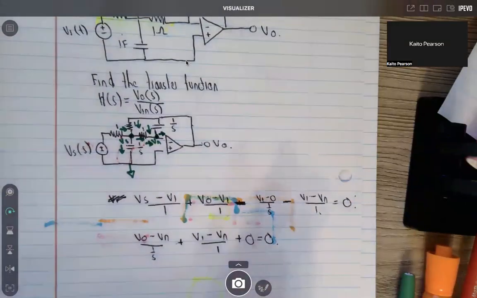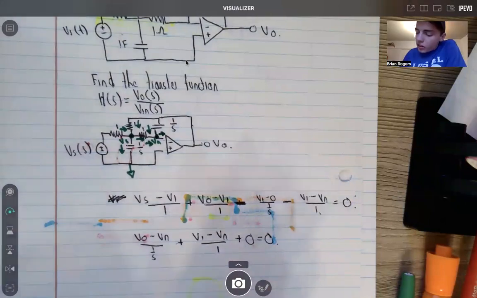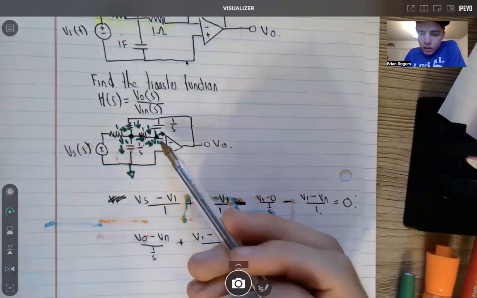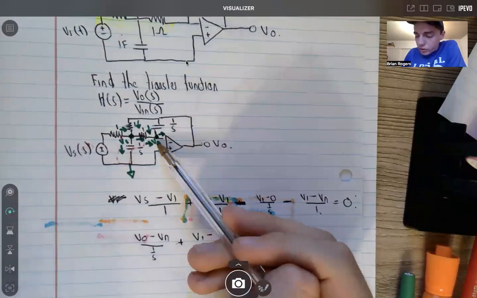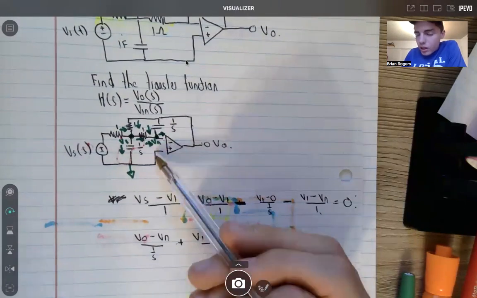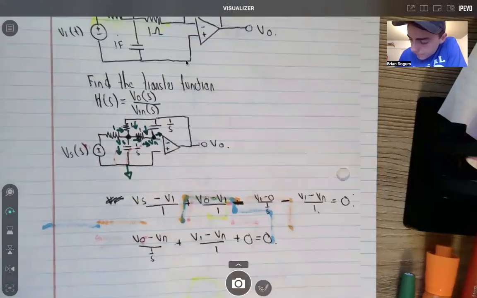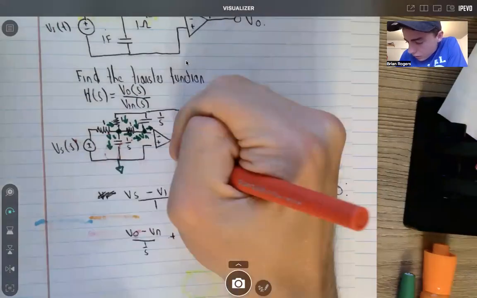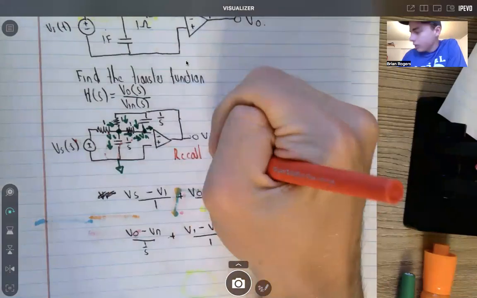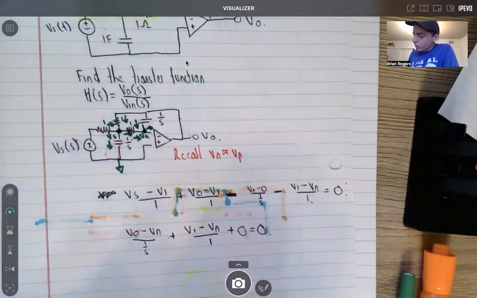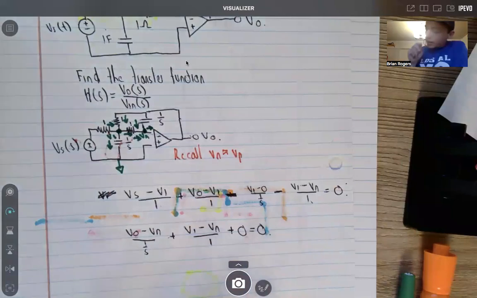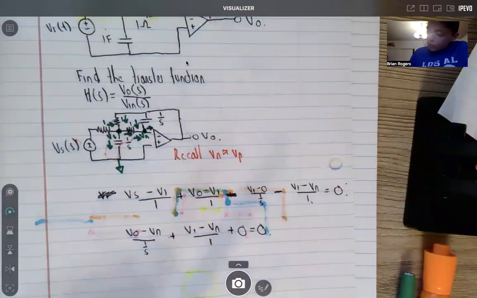And right here, we're going to notice, isn't our V of N equal to 0? Because the voltage at the positive terminal is 0 volts, it's at ground. V of N, recall, is approximately VP, right? And so what we're going to see here is V of N will be 0.